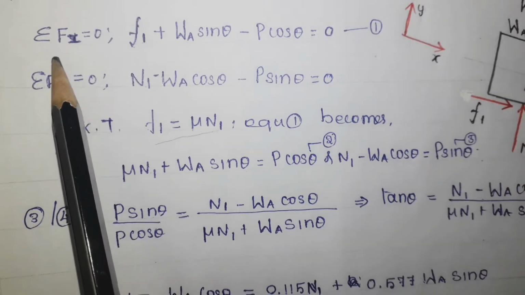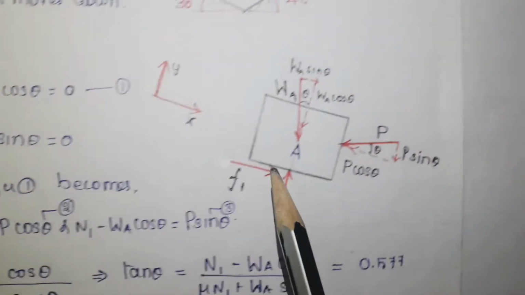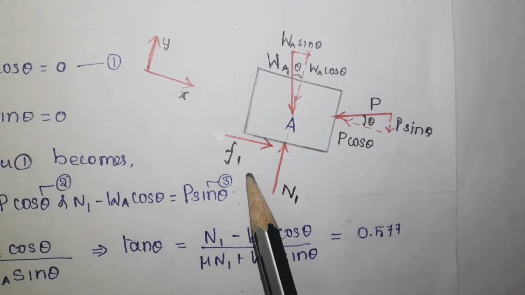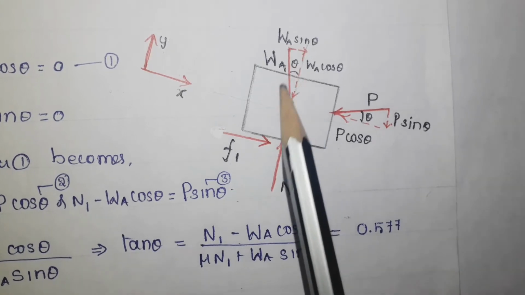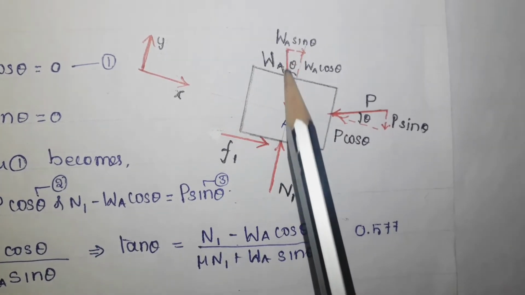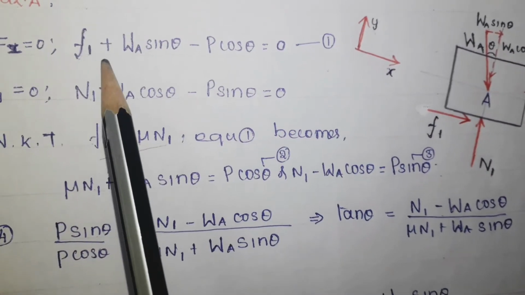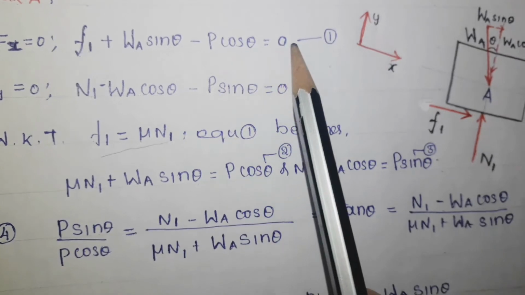First I am going to use the first equilibrium equation. The summation of all x components is 0, and in this diagram there are three x components: F1, P cos theta, and WA sin theta. Among these three, F1 and WA sin theta have positive sign and P cos theta has negative sign. So here it is F1 plus WA sin theta minus P cos theta equal to 0.